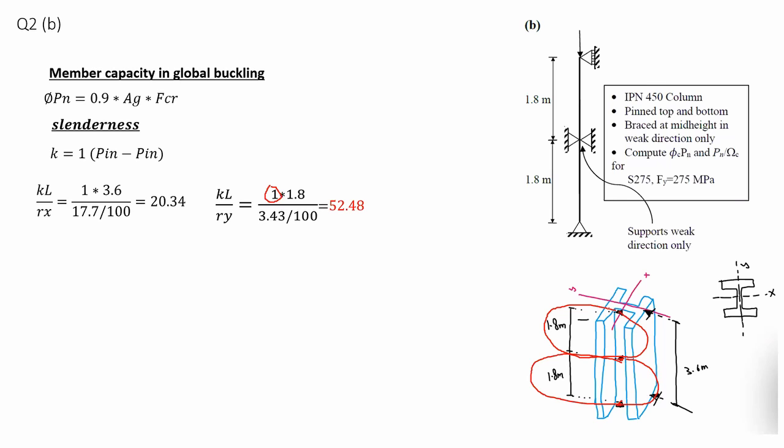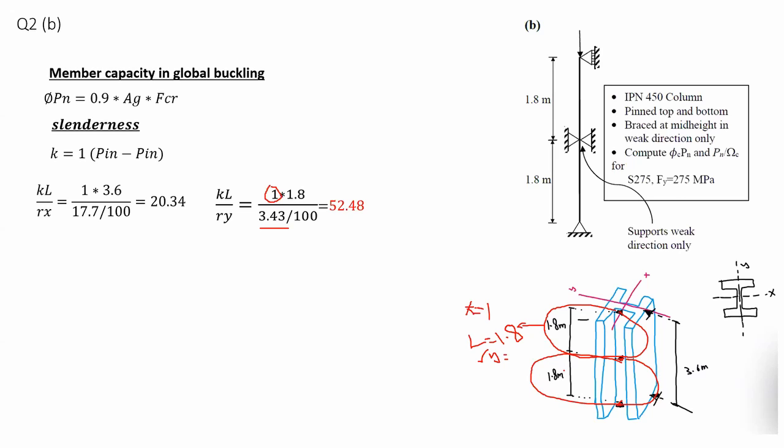So for this piece, it is pin from top and bottom, so K is equal to 1. What about the length? The length is equal to 1.8. What about R? It's going to buckle about the y-axis, so you will take RY for IPN 450, which is equal to this value.